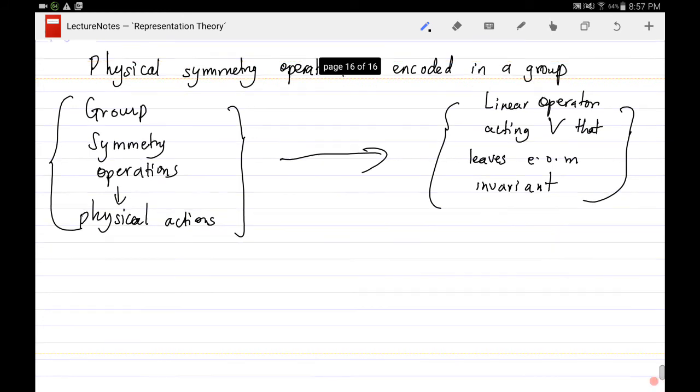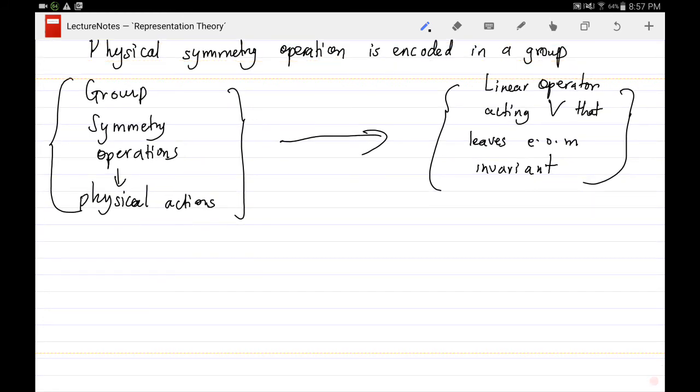Okay, now you can see already that if we find exactly what the symmetry operations correspond to in terms of linear operators, this will be our fabled representation. So this is representation gamma, for example.